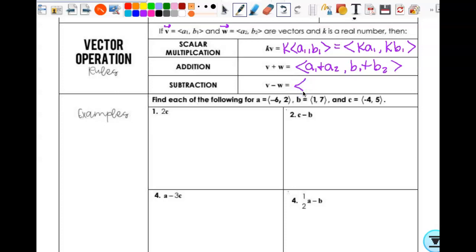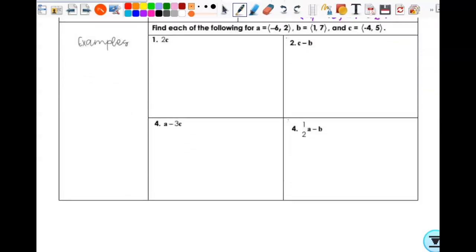So since it's v minus w, you take the x value for v, which is a1 minus a2, and then b1 minus b2. And like I said, it's as easy as it sounds. There's no tricks there. Any questions? We good?